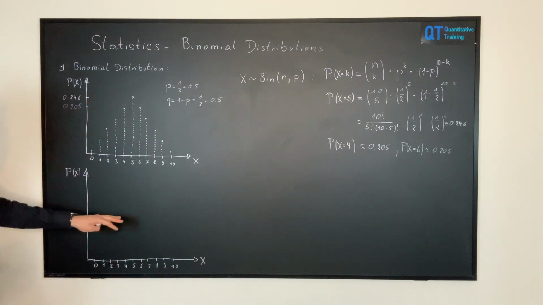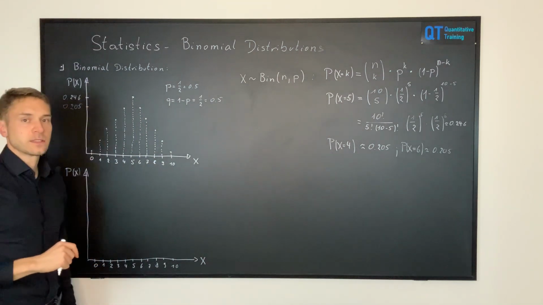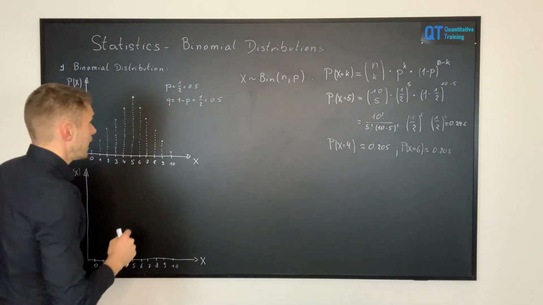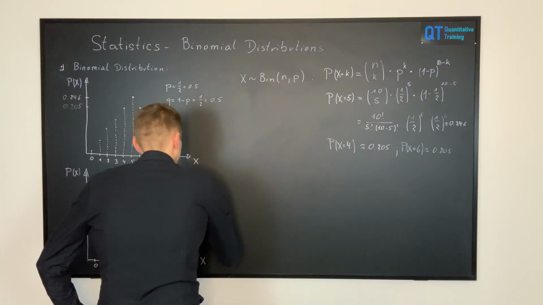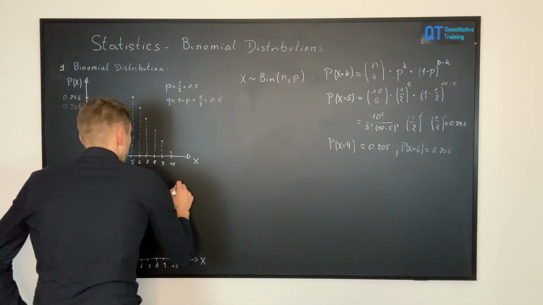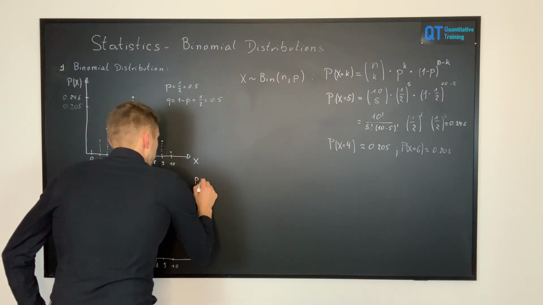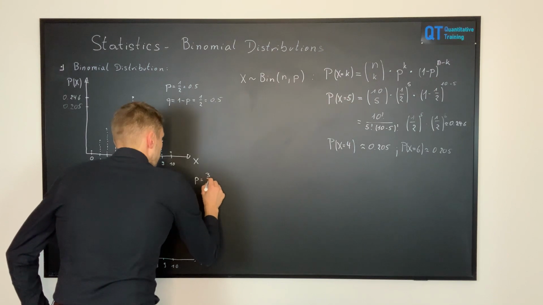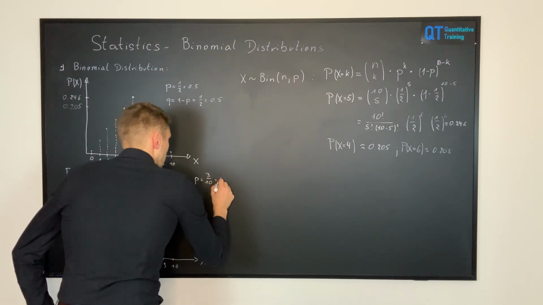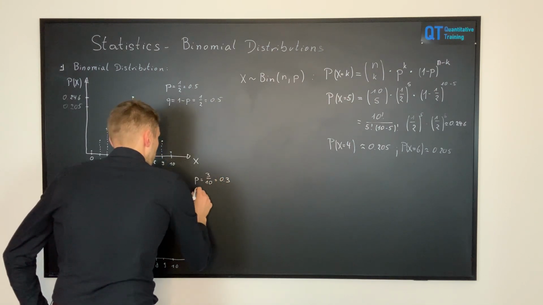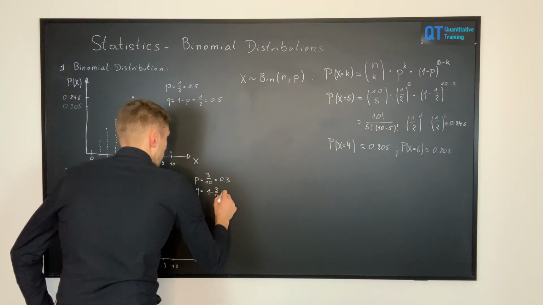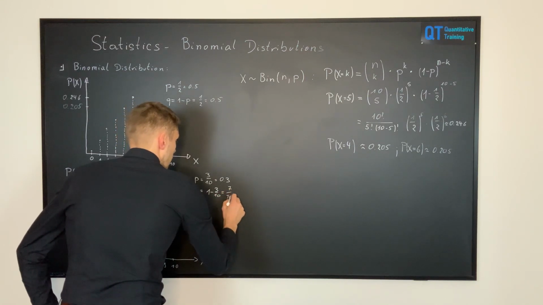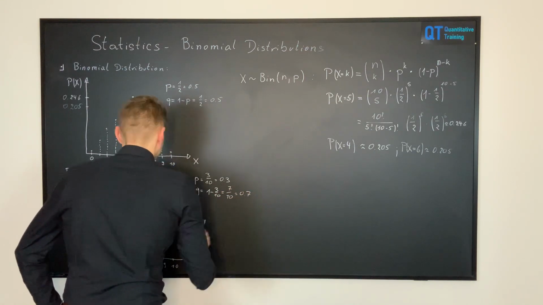You could actually repeat the same game, and suppose that your coin this time is not fair. Then you could assume that your probability of success would be, let's say, P equals 3/10, which is 0.3, and probability of no success is 1 minus 3/10, which is 7/10, or 0.7.